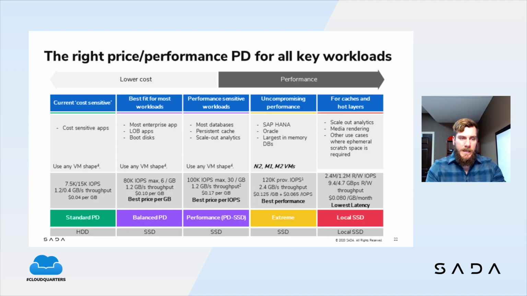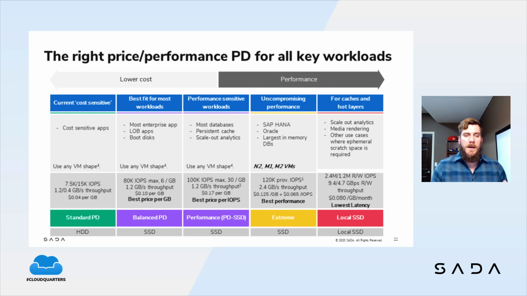To step back and look at the different flavors that we offer here, starting on the left-hand side and moving to the right are the lower cost options moving into the more performant options. The standard PD, or persistent disk, we offer for those cost-sensitive workloads, something that you don't need top-tier performance for, and perhaps bulk data.